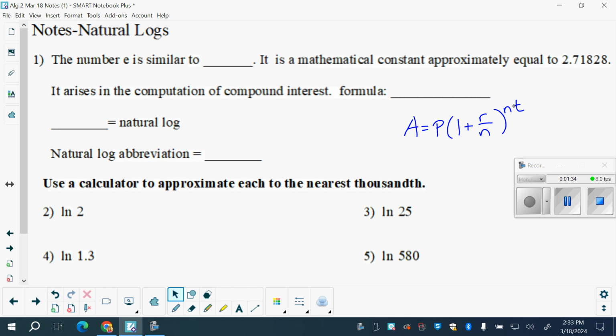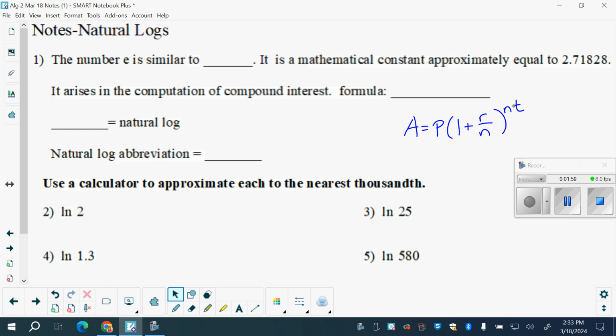So it would seem like if we keep compounding more often than once a month, like once every day, or once every hour, or once every second, that number would keep getting really, really big.